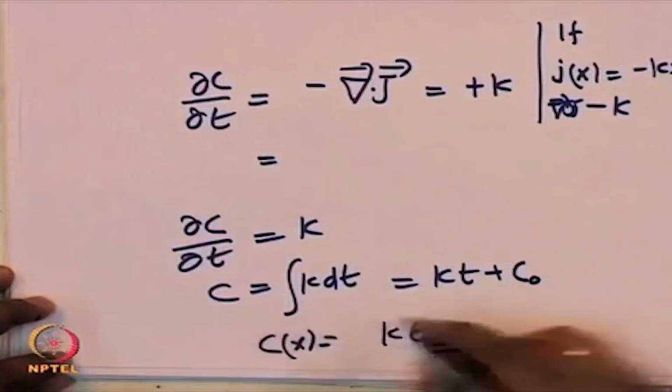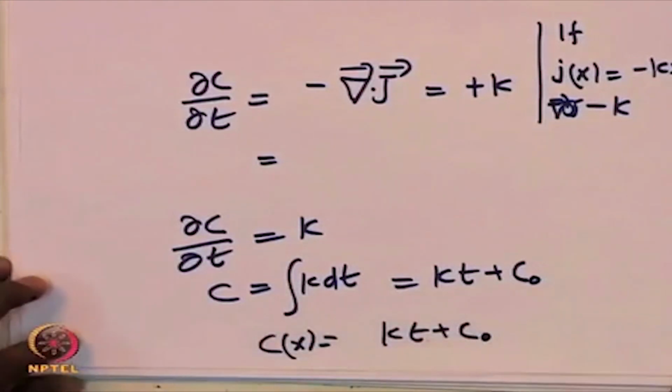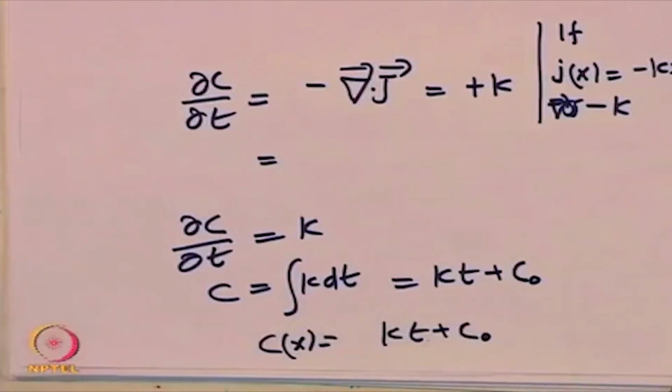So, this is essentially what the equation that we learned means: whatever flow we decide, it will tell you how the concentration changes in time. So, this is called the diffusion equation, this is called the continuity equation.